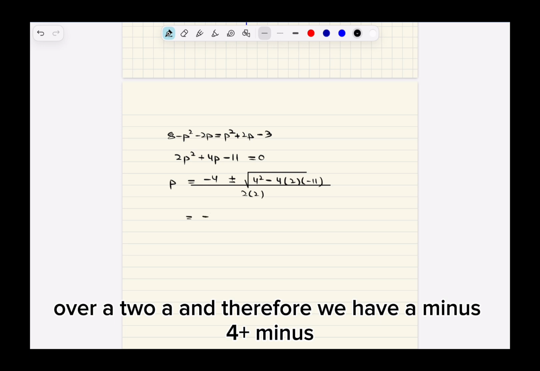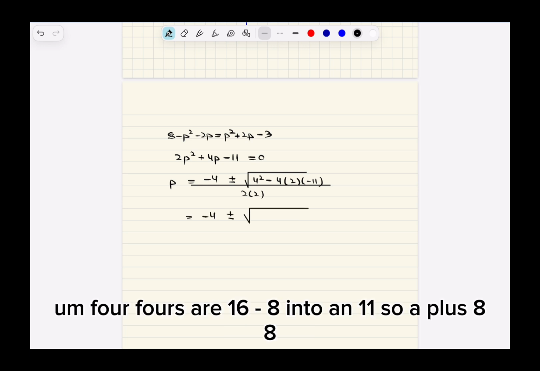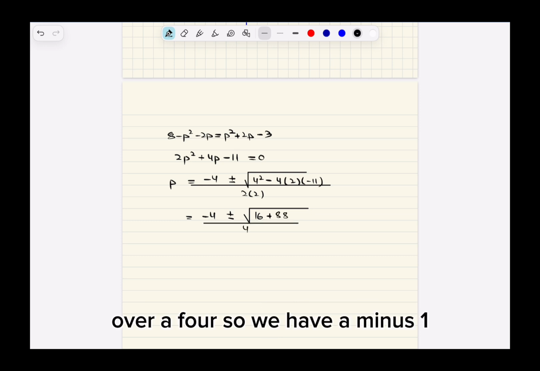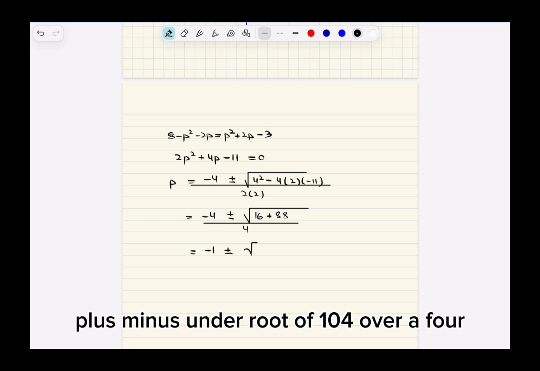And therefore we have minus 4 plus or minus the square root of 4 squared, which is 16, minus 8 times minus 11, so plus 88, over 4. So we have minus 1 plus or minus the square root of 104 over 4.